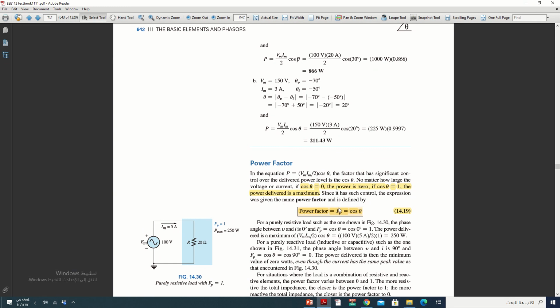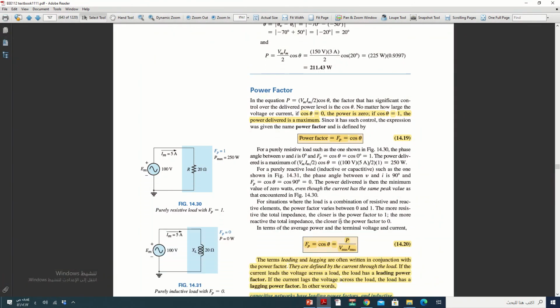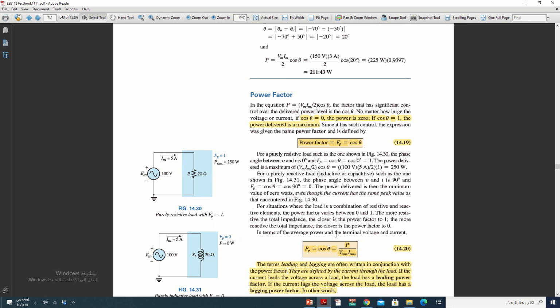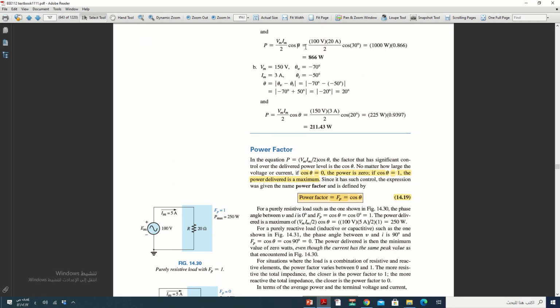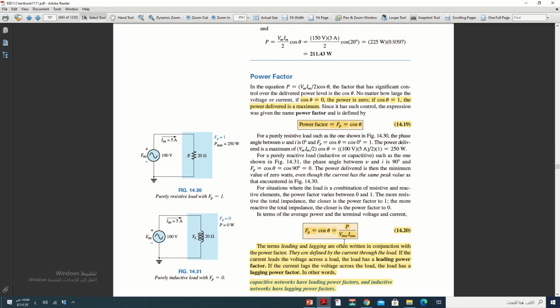Power factor FP equals cosine theta. From this formula, you can write another form of cosine theta, which is equal to P over V RMS multiplied by I RMS. This is another form.